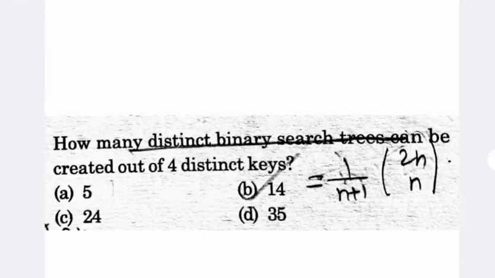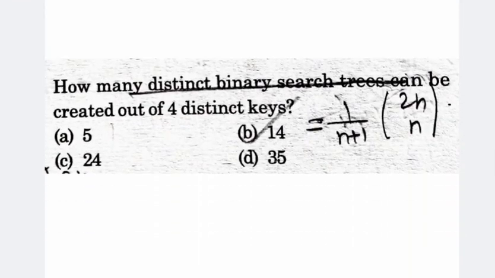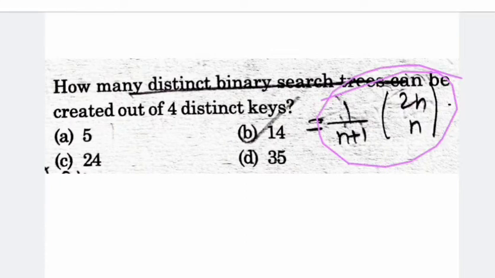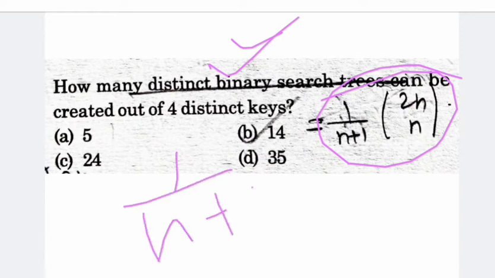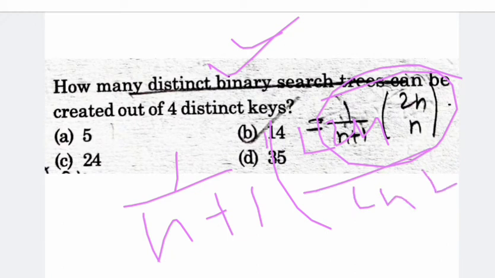The next question is: how many distinct binary search trees can be created out of 4 distinct keys? Here we use a formula for the number of distinct binary trees, which is simplified as 1 by n plus 1 multiplied by 2n factorial upon n factorial into n factorial.